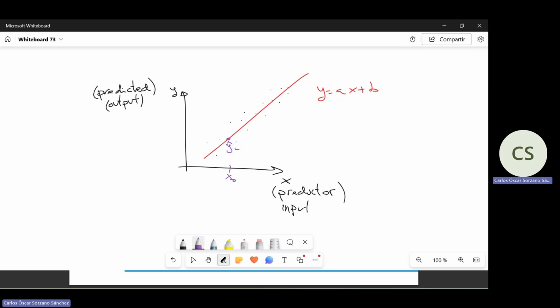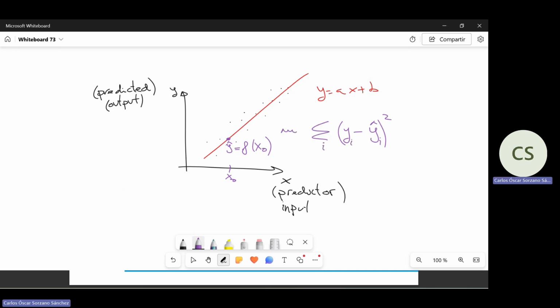So what is the estimated value for this one? And maybe you have some point there, so there will be a difference between the truth and your prediction. And you want to minimize this difference for all the points you have observed.